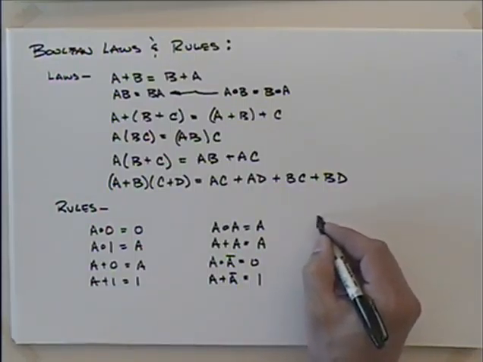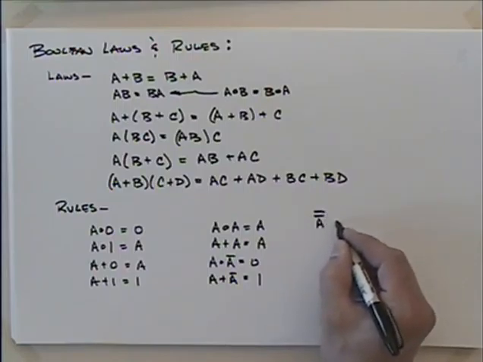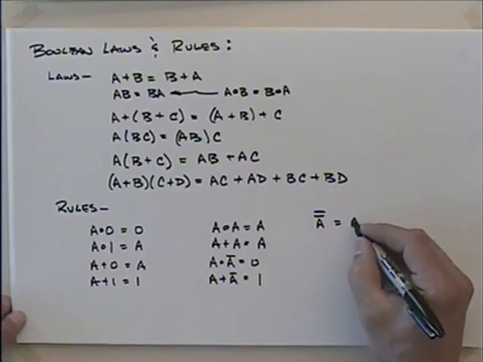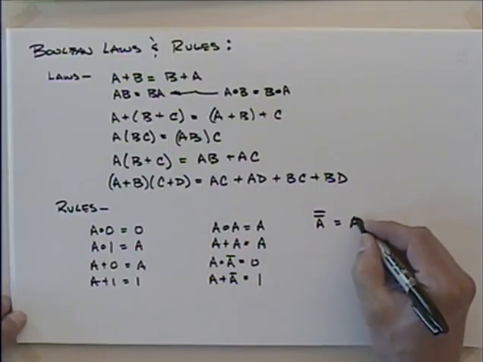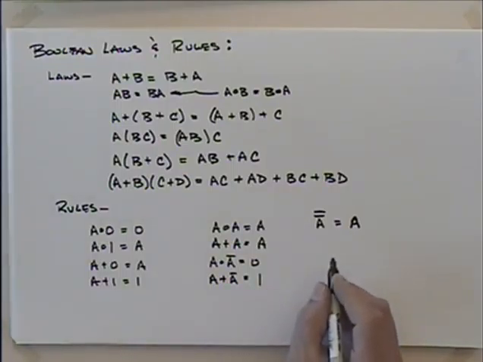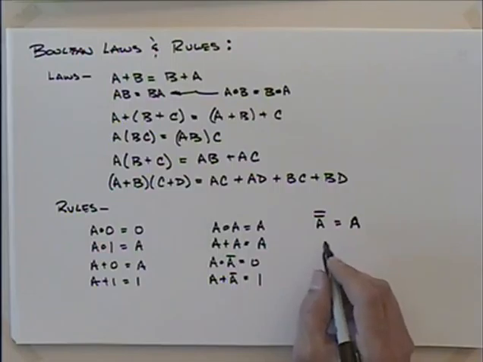A, if I invert it twice, is equal to A. So a little confusing, but I think logically sound, like saying we're not having class on Wednesday. Yeah. Okay. And a couple others, probably not as obvious as these, but if you sit down and think about them and go through some test cases, I think you'll probably believe them.